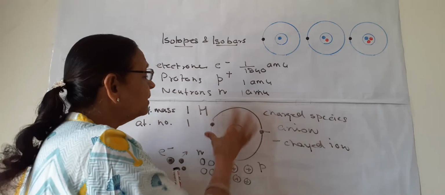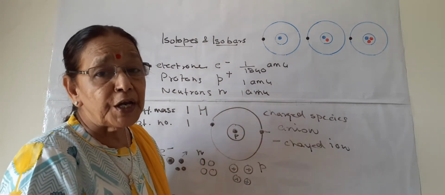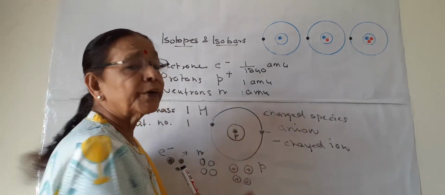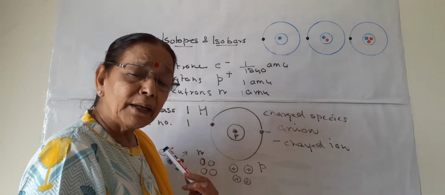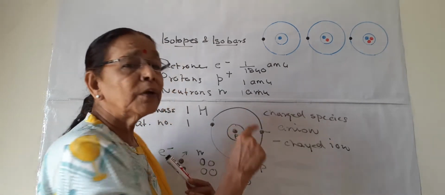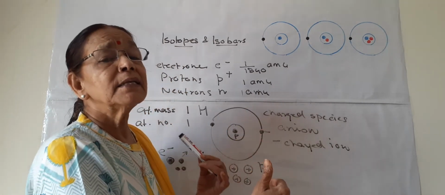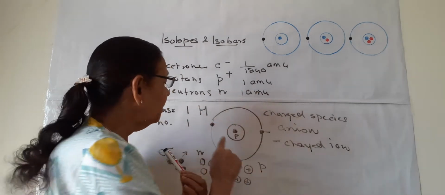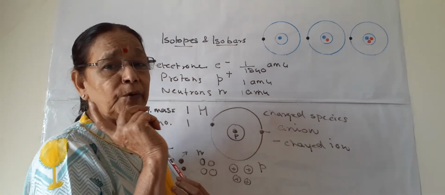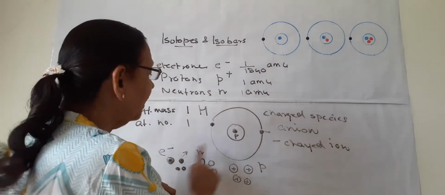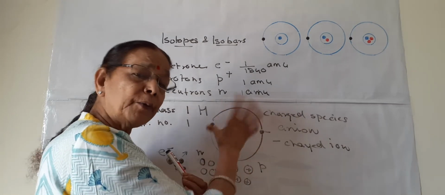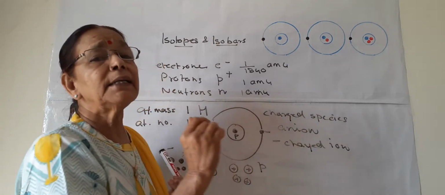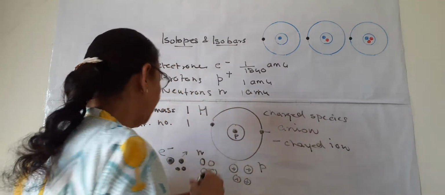Its chemical properties are changed. Why? Because electrons take part in chemical reactions. If 1 more electron is there, then it has certain other chemical properties than the normal hydrogen atom which has only 1 electron. So if electrons are added, the hydrogen atom does not change. It becomes a charged species, but it is still a hydrogen atom.